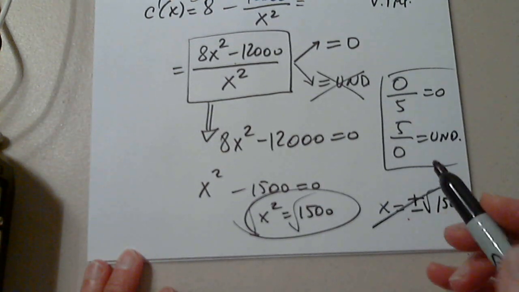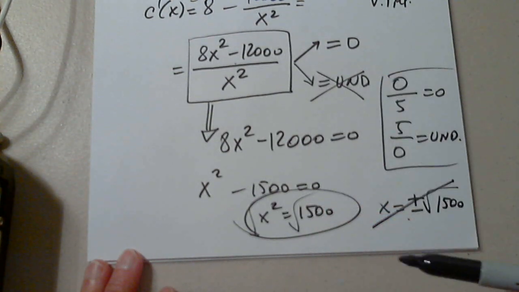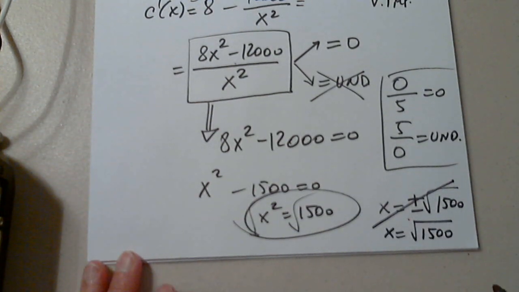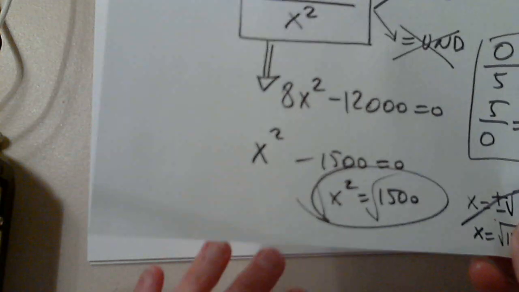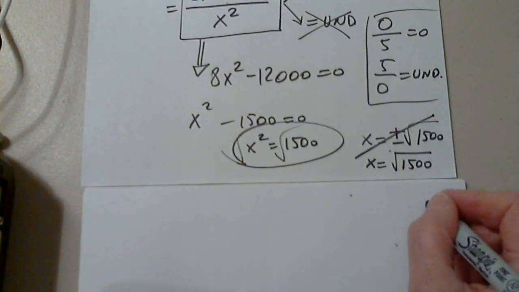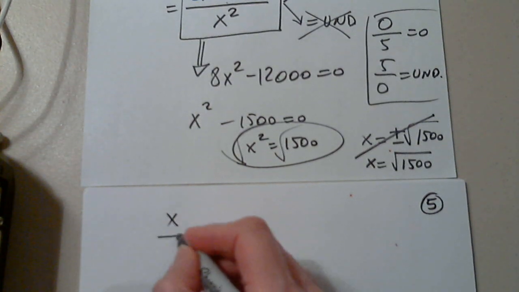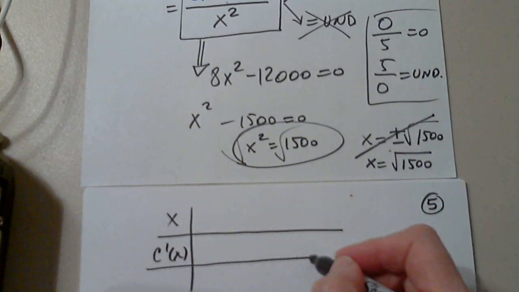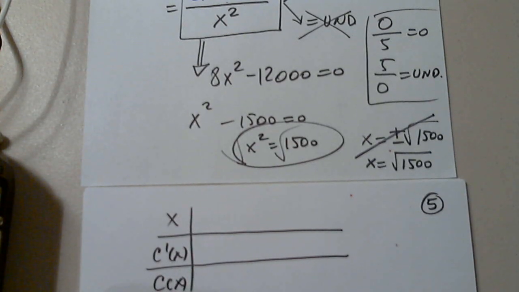No, because we're talking about cost for units, so it will only be the square root of 1,500. Okay, but this is not sufficient. Please remember, I have to create a table. I have to write C prime. I have to write C of x.